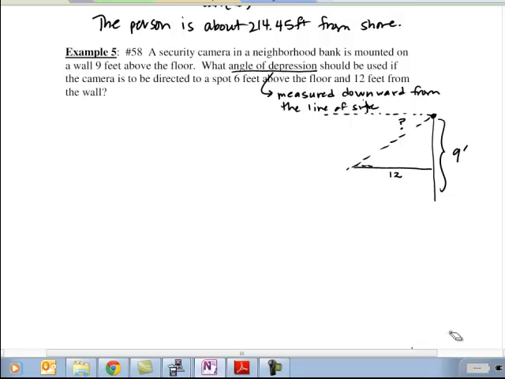Let's see, my drawing's not so great here. Let's try again. So 12 feet from the wall. 6 feet above the floor. Okay, put in some pieces here.